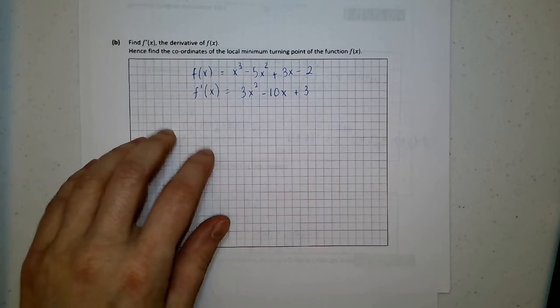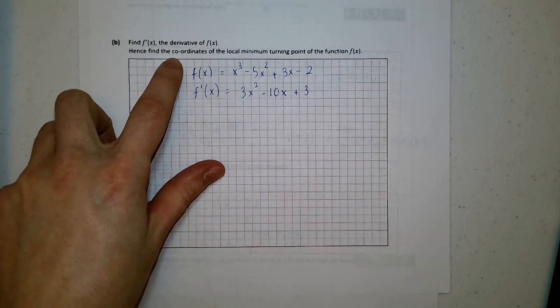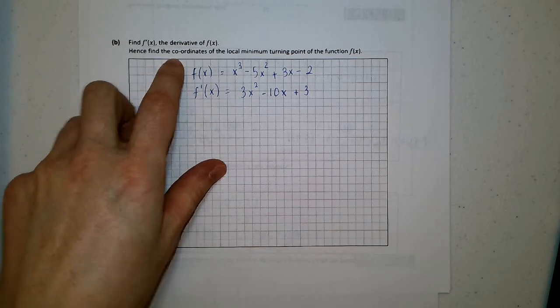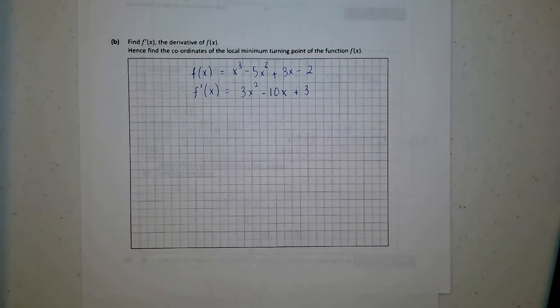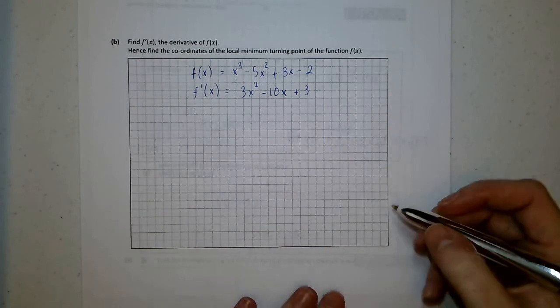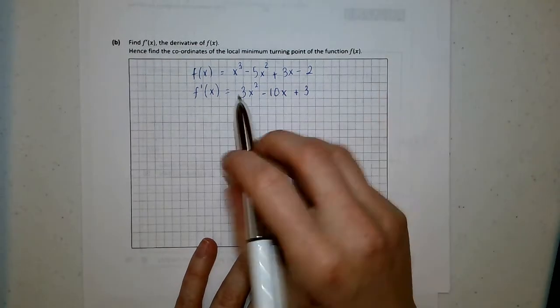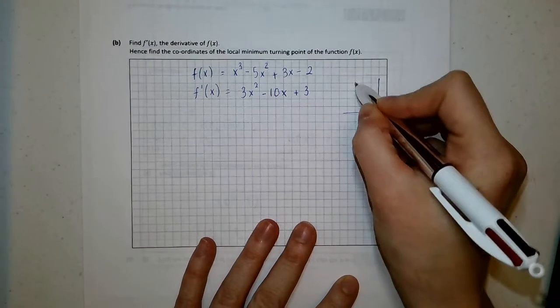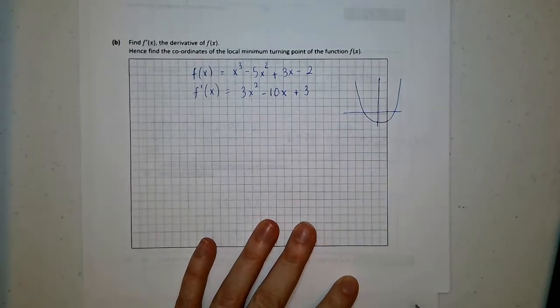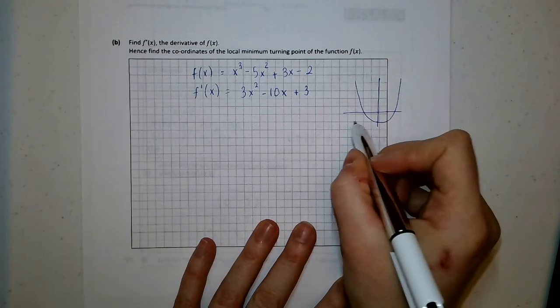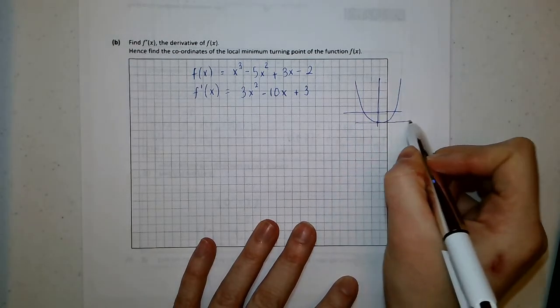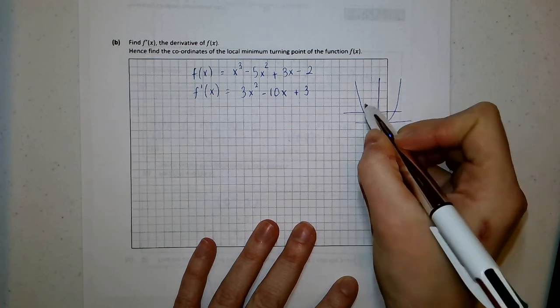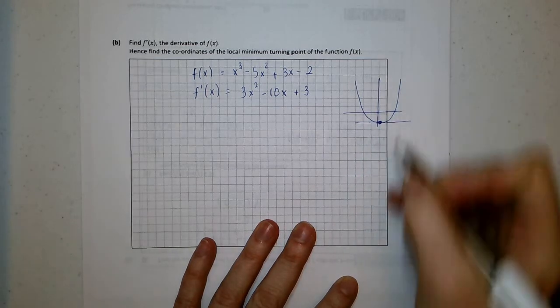So now it says find the coordinates of the local minimum turning point of the function. Okay, so just to draw a quick sketch for you, this is a quadratic function. It's a happy quadratic function because the x squared term is positive. So the turning point is basically this point here, where the graph changes from negative to positive.